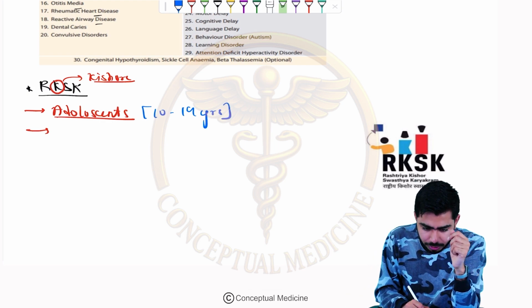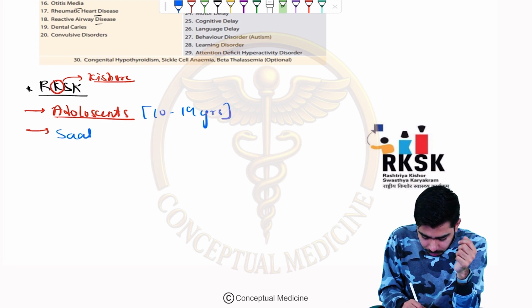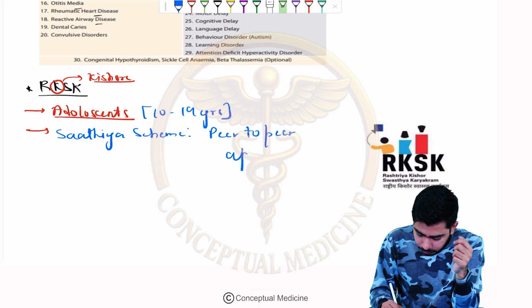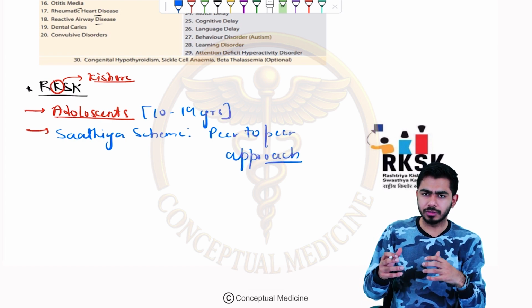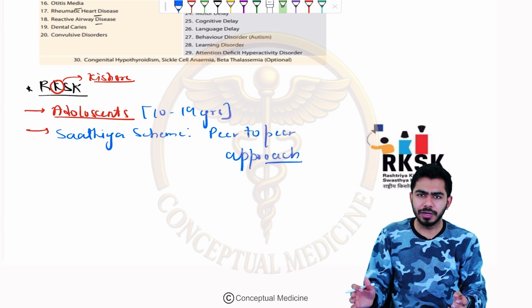Here we are talking about the Sathya scheme, that is the peer-to-peer approach, right? Usually, one adolescent talks in a friendly manner with his or her friend only, not to the parents.